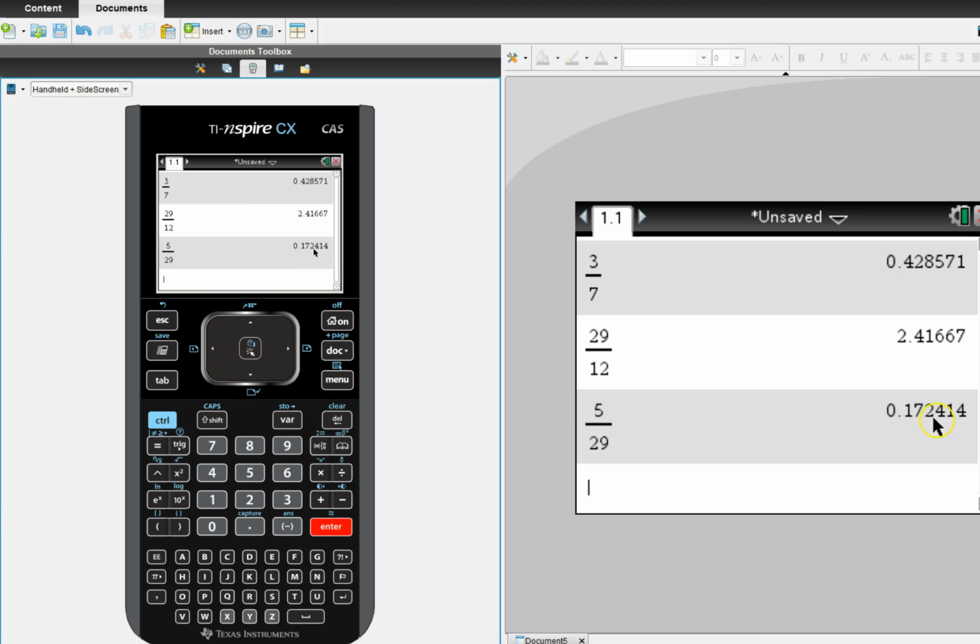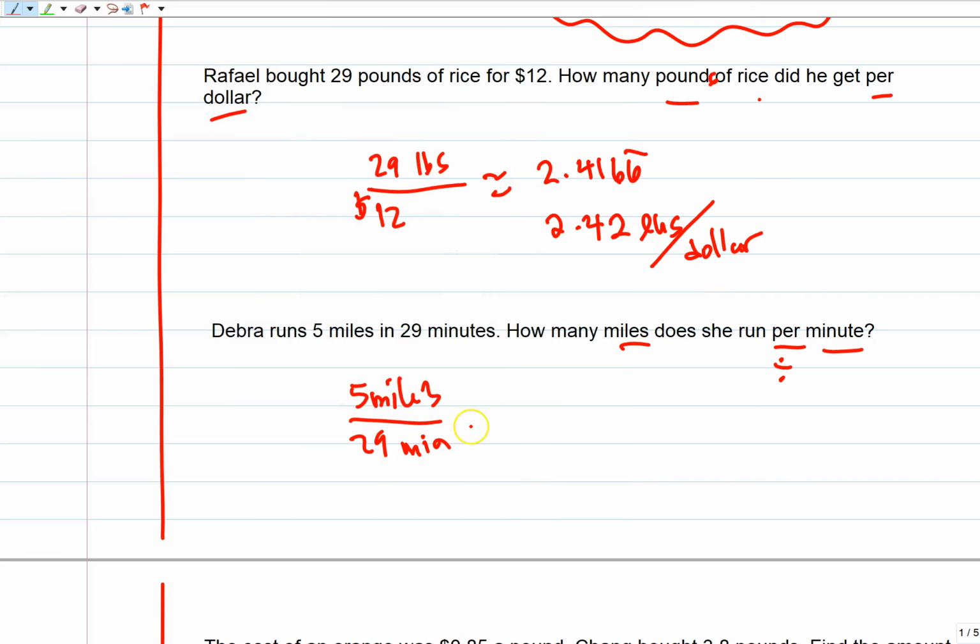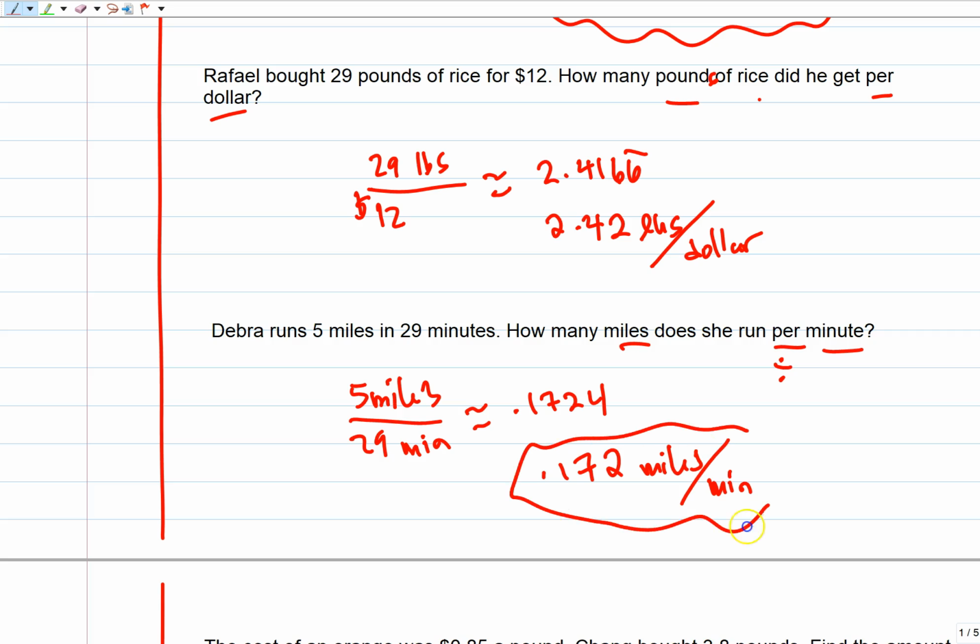How about 0.1724? So we'd round that to about 0.172 miles per minute. And that would be her speed.